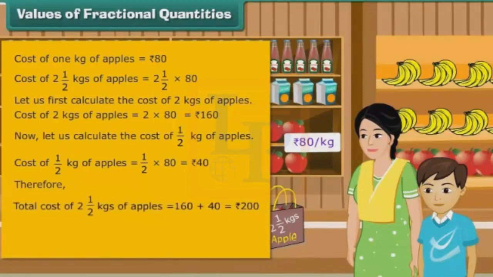Therefore, total cost of 2.5 kgs of apples is equal to 160 plus 40, which is equal to rupees 200. Rishabh's mother paid rupees 200 for 2.5 kgs of apples.